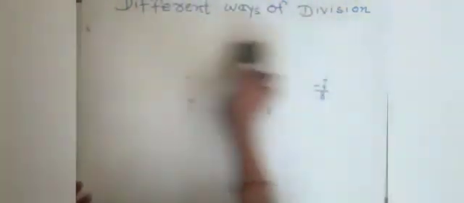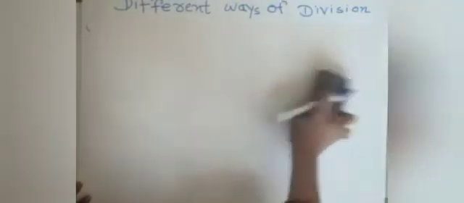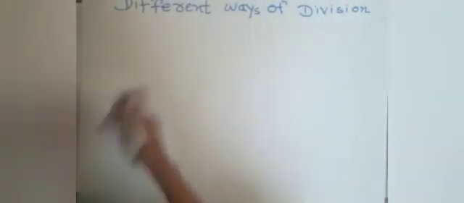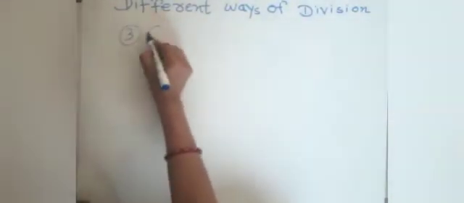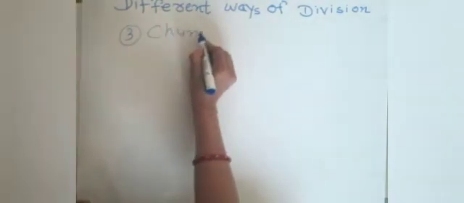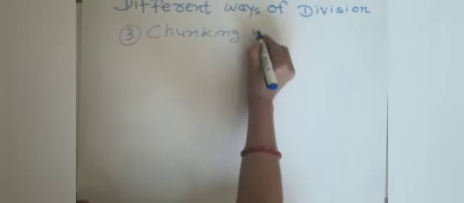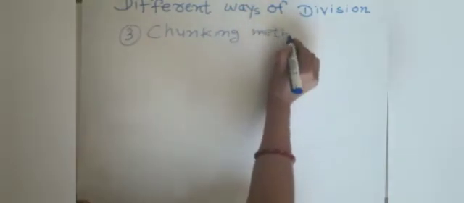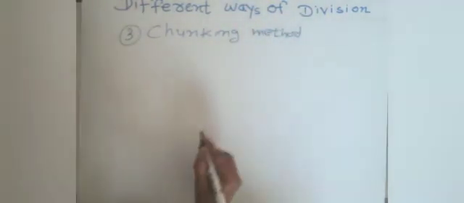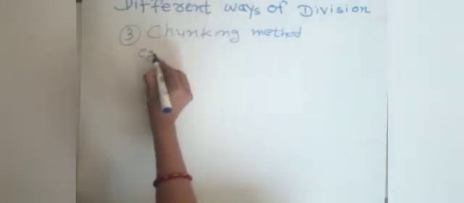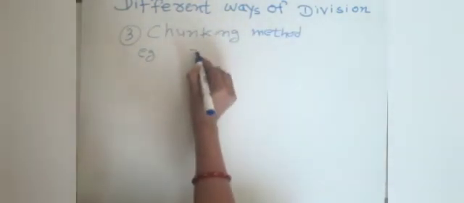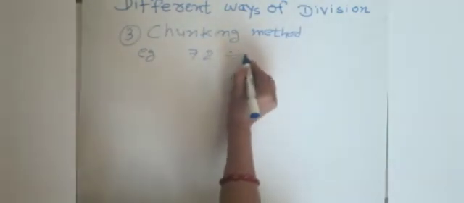The third method of division is the chunking method. Let us start. 72 divided by 5.